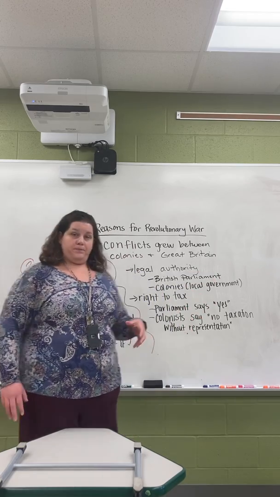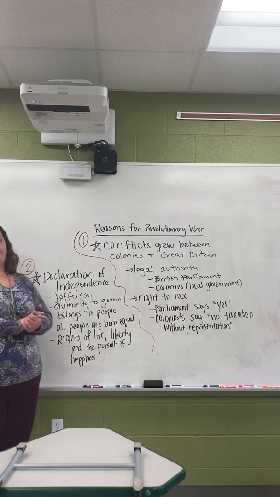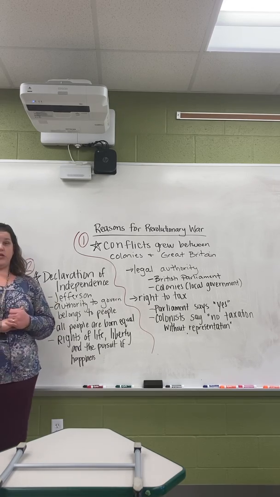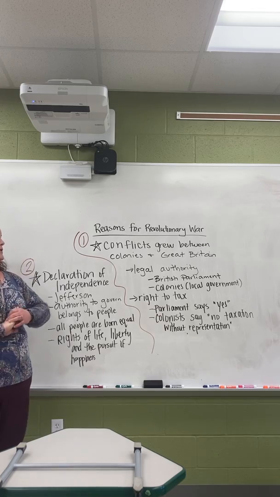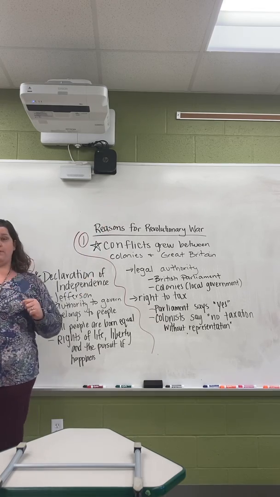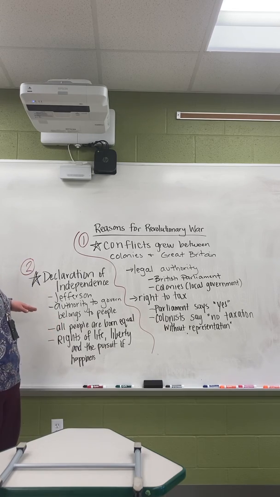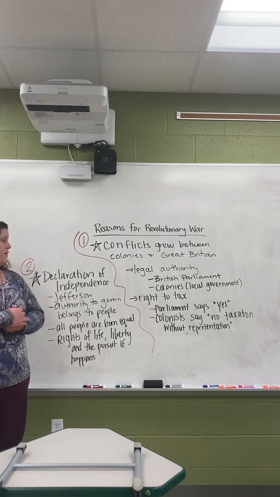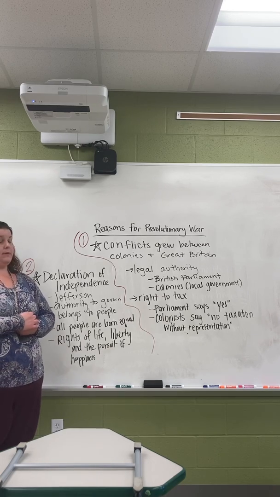And so the Declaration of Independence was written. Thomas Jefferson, who is a Virginian, wrote the Declaration of Independence, and they sent it off to Great Britain in 1776. And they said, the authority to govern belongs to the people, not to kings.